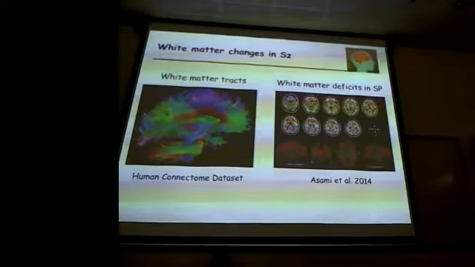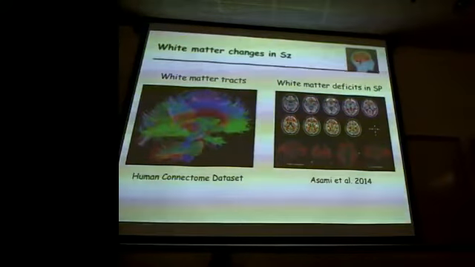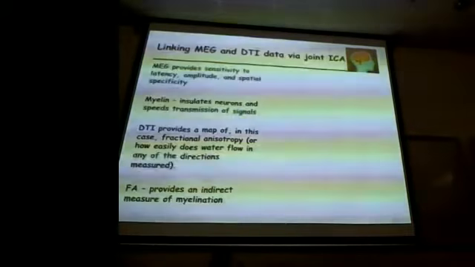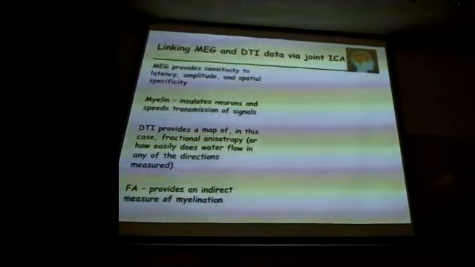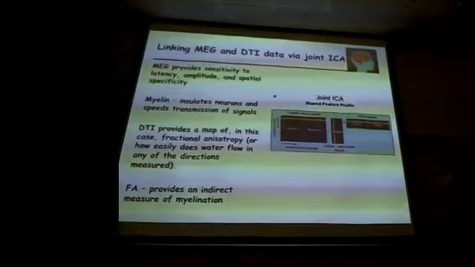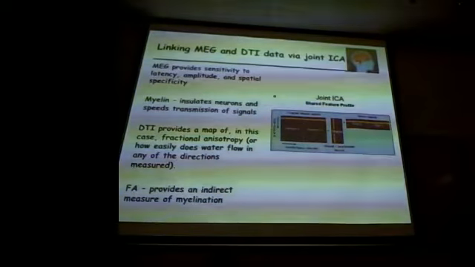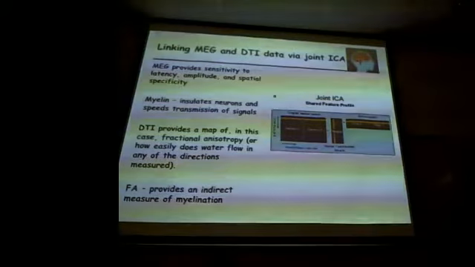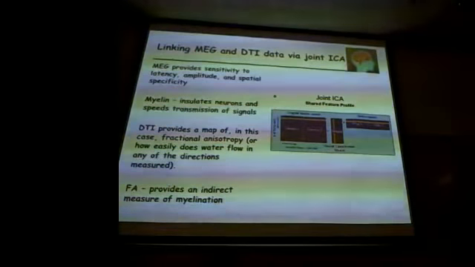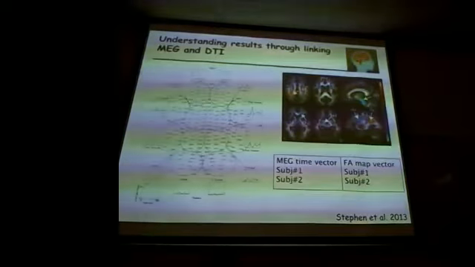There's plenty of evidence that suggests that there are white matter deficits in patients with schizophrenia. And we also have plenty of evidence from MEG that there are differences. And so we used the Joint ICA approach, putting MEG in as one of the modalities and the DTI map in as the other modality.